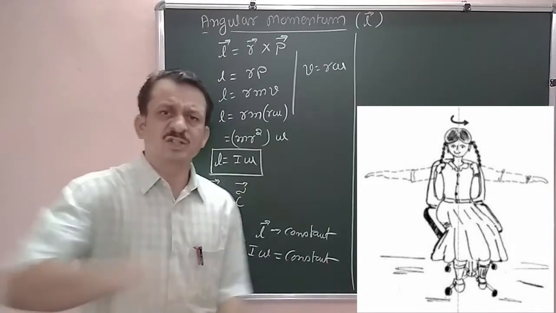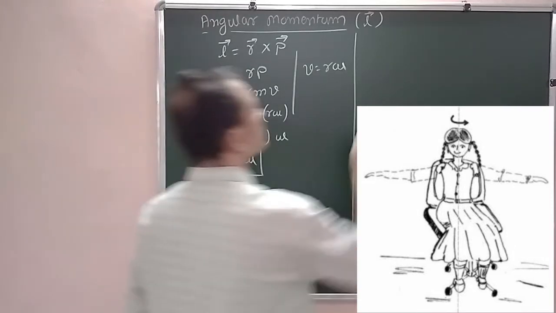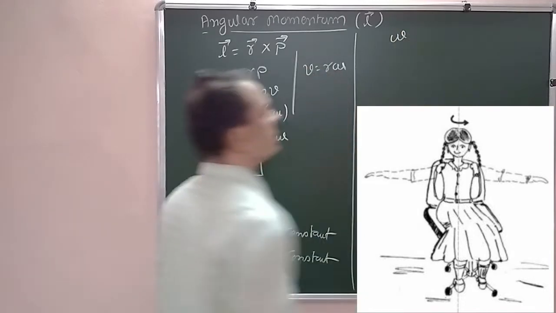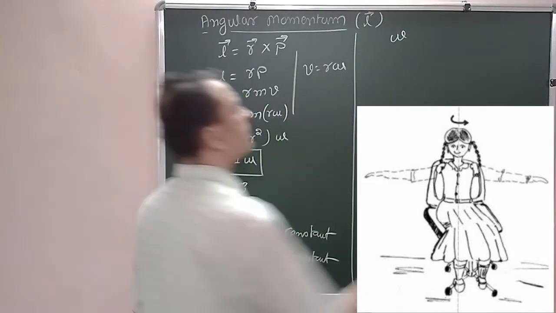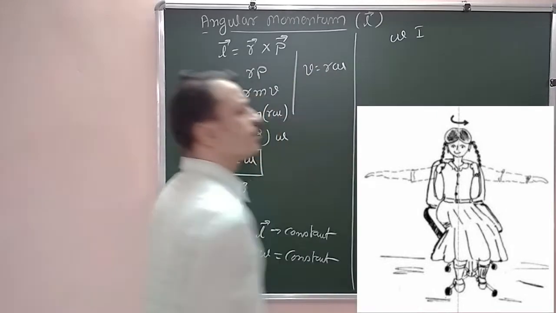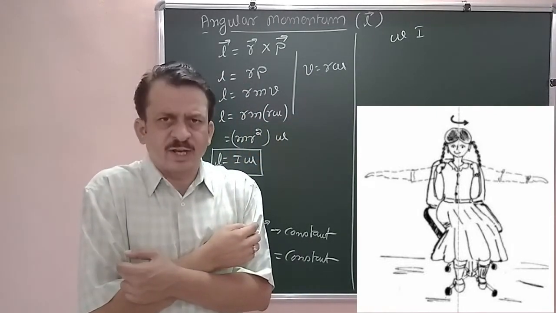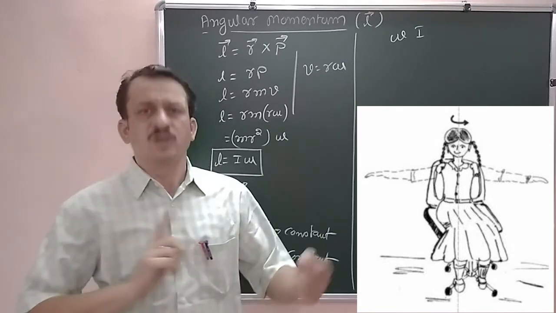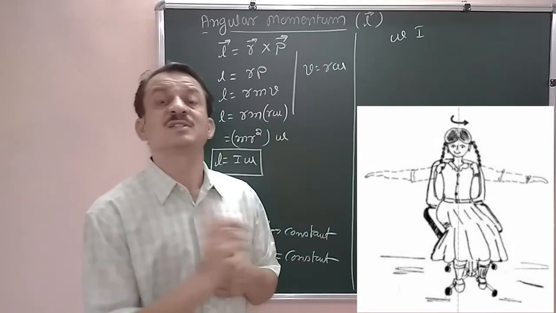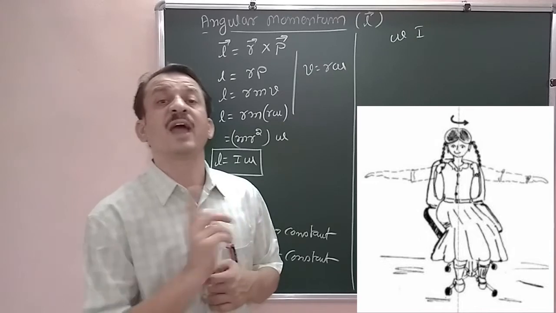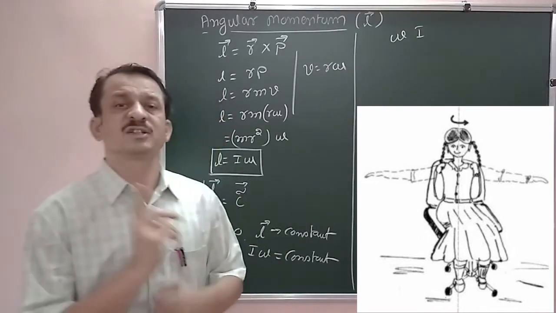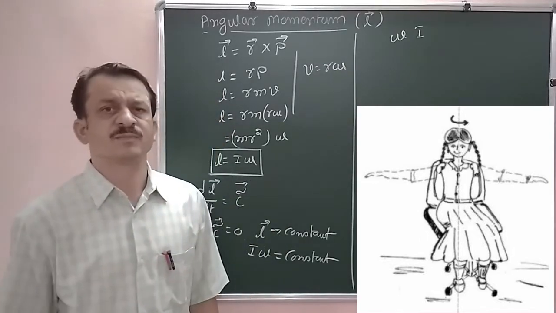As it starts rotating, it rotates with some angular velocity omega and has moment of inertia I. Initially, since the hands and legs are very close to the body, that child rotates with a greater angular velocity.